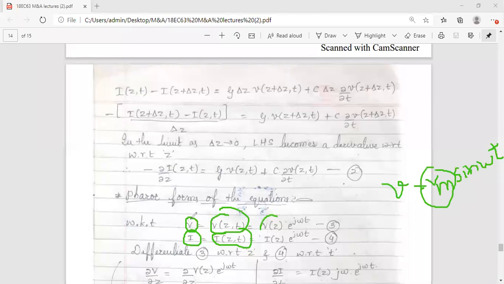So similarly, if I take V, it will be having its amplitude and phase, and current I, it will be having amplitude and phase. e raised to j omega t, in general we can write, is again cos plus j sin. So these are the phasor forms. Now, what is my next goal?